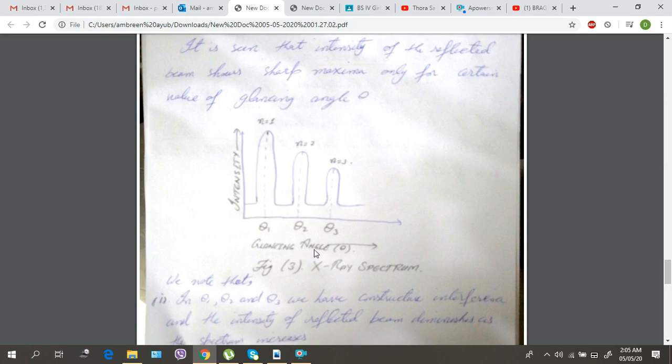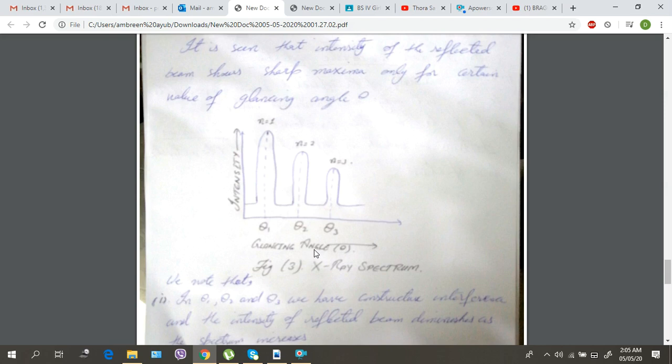Now basically when the X-ray strikes the first lattice layer, we have n is equal to 1. When it strikes the second lattice layer, we have n is equal to 2, and when it strikes the third lattice layer, we have n is equal to 3.